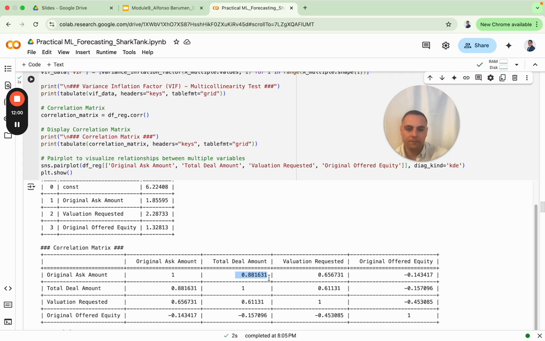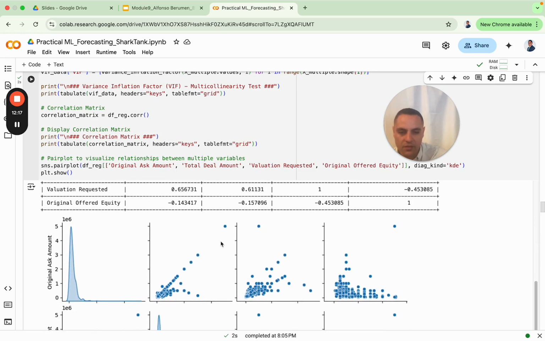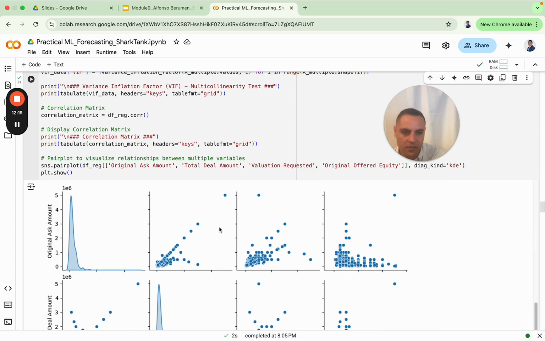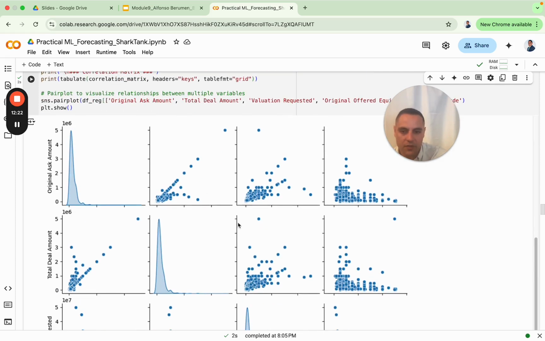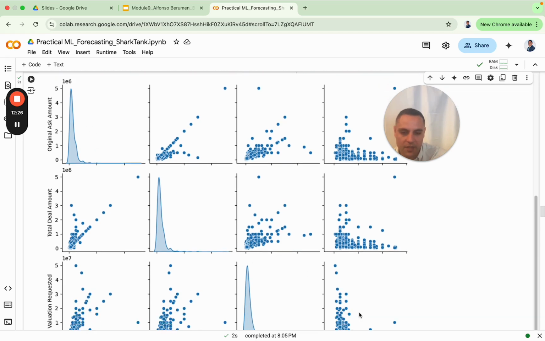So we want that independent variable to be correlated with this one. We just don't want the independent variables to be correlated with each other. So we're good there. We've checked for multicollinearity, and you can also see the scatter plots. Those go along with your correlation coefficients. Also, the distributions are shown in this diagonal as well.